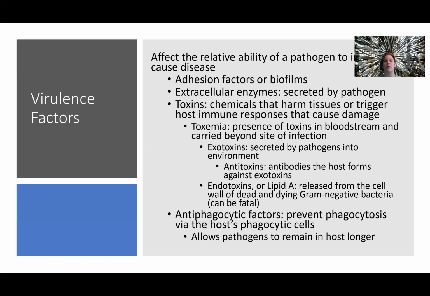So we know that if toxins get put into your bloodstream, you are diagnosed with toxemia. Let's say that you step on a nail, you have an infection in your foot. Toxemia can occur if that organism has released toxins and now they've made it into your bloodstream and are being carried throughout your body. Now we have exotoxins and endotoxins.